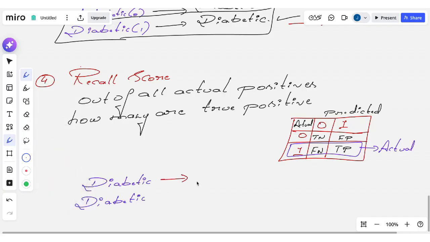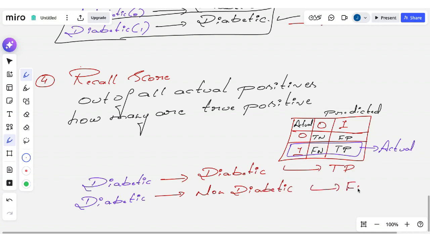It makes two predictions. One can be diabetic, another can be non-diabetic. Diabetic in the sense it's a true positive. Non-diabetic in the sense it's a false negative. Understood? Okay. This is actual positives.